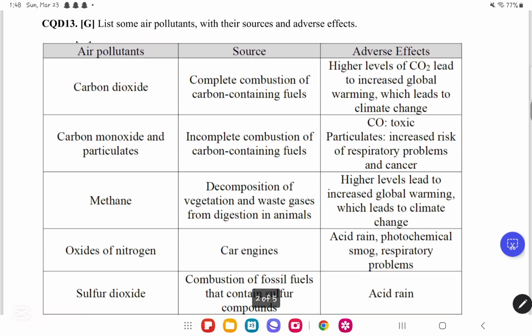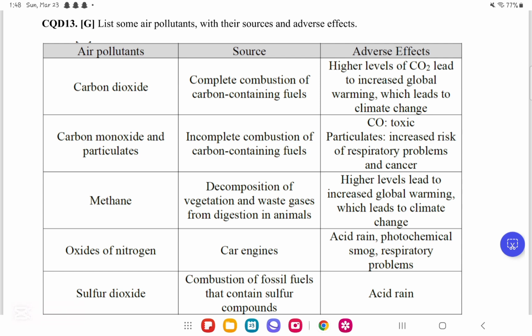Carbon dioxide, you obtain it from complete combustion of carbon-containing fuels, and it leads to higher levels of CO2, which will lead to increased global warming, which leads to climate change. Then carbon monoxide and particulates, you obtain them from the incomplete combustion of carbon-containing fuels. Carbon monoxide is toxic, okay? It will not allow oxygen to spread to other parts of your body, and particulates increase the risk of respiratory problems and cancer.